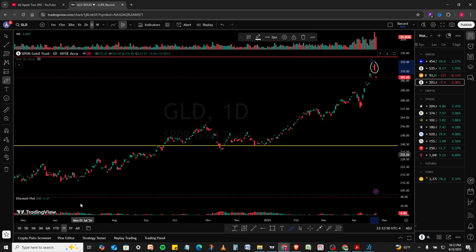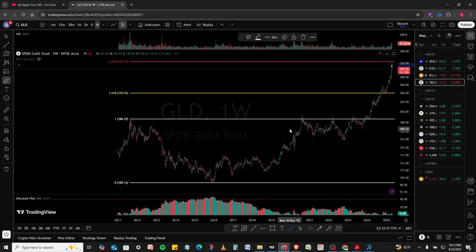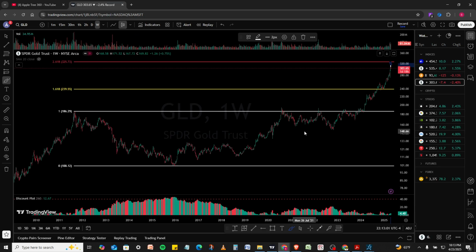And let's look at the weekly chart for the gold ETF and put some Fibonacci extensions on this. As you can see on the weekly chart here, the previous peak was roughly around the 181, 180 range.